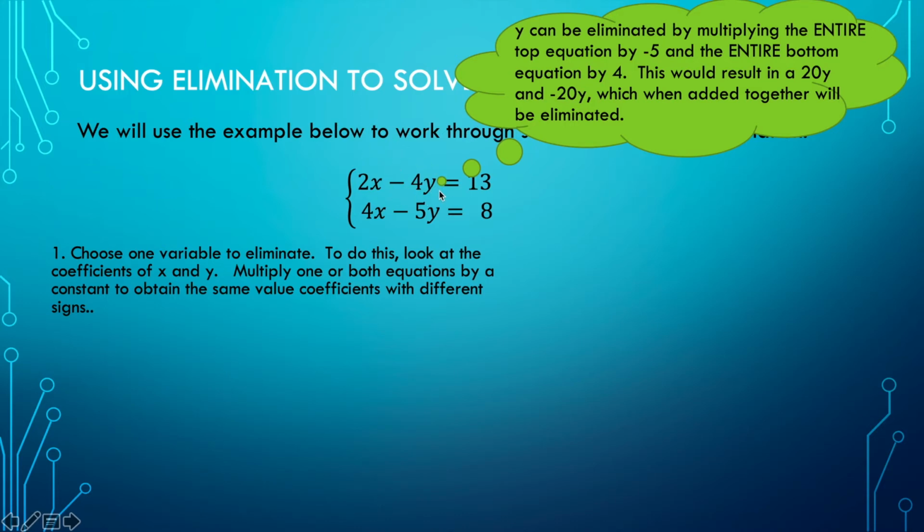And if I got a negative 20y here, I would want a positive 20y here. So I would multiply this bottom equation by negative 4. And vice versa, you could have used a negative on the top and a positive on the bottom, but the whole idea is we want to have a result where the coefficients are the same value but opposite signs.